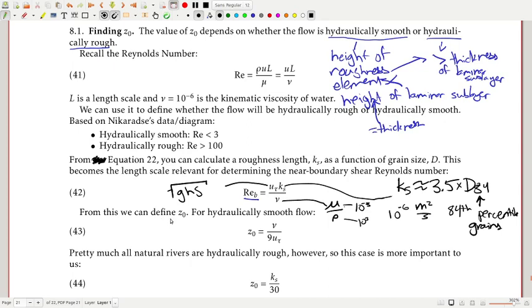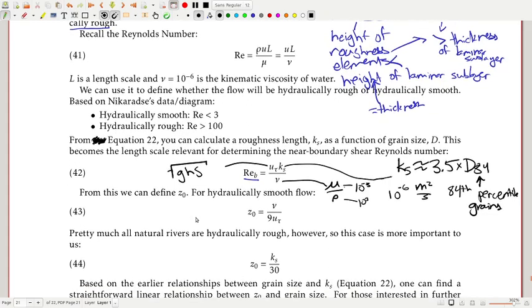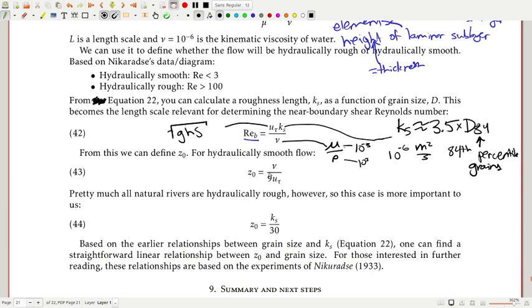So from this, we can define this z naught term, or z naught, because I'm American, even if you don't know it from how I talk occasionally. For hydraulically smooth flow, once you calculate this, you have this relationship for z naught that's just related to the viscosity.